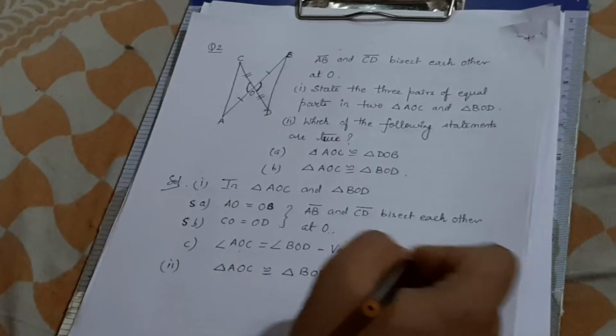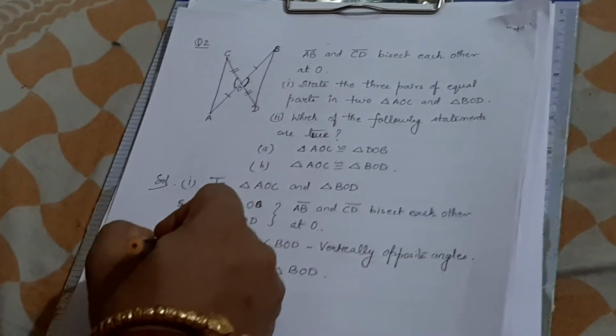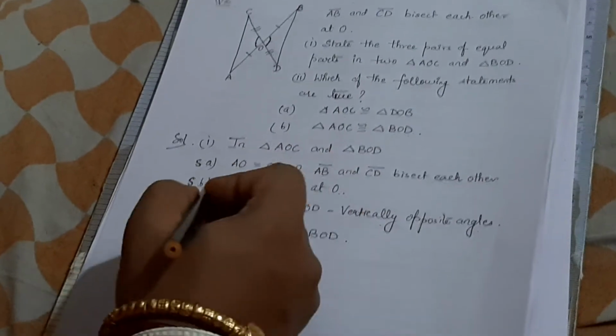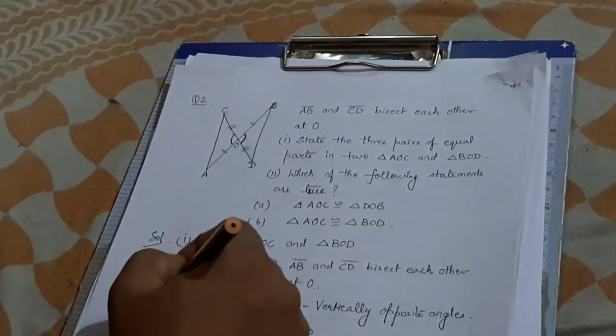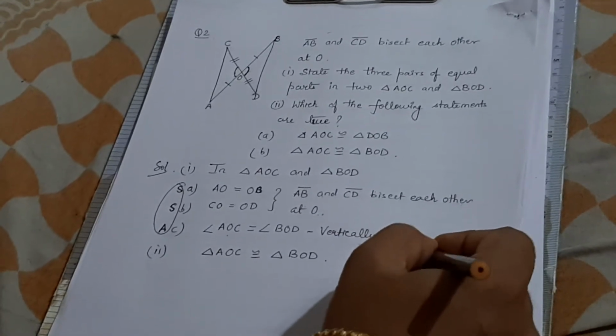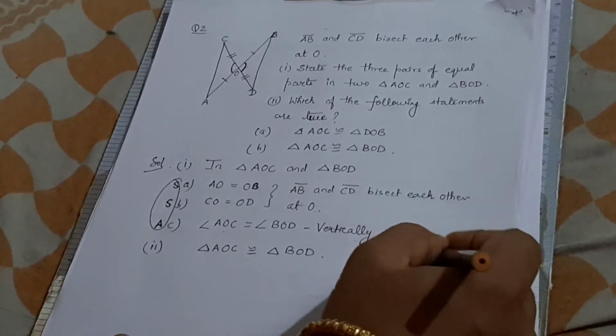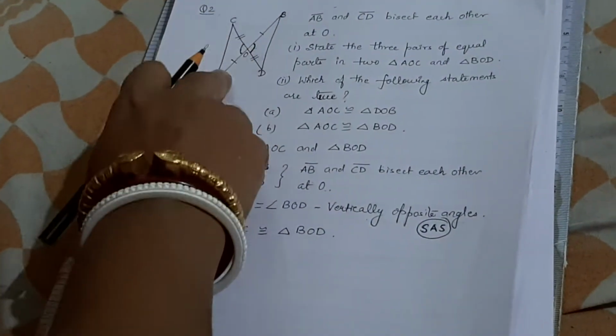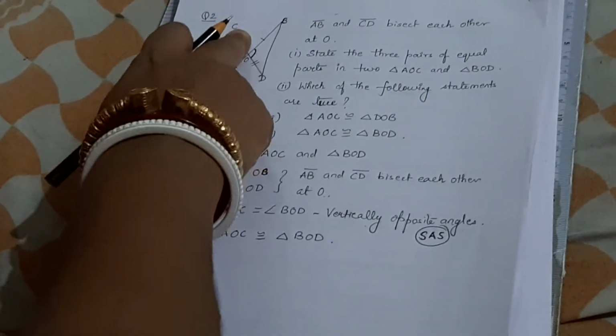So what can you say about these two triangles? Yes, these two triangles are congruent by SAS congruence condition. Clear? Side, angle, side. The angle is included by these two sides.